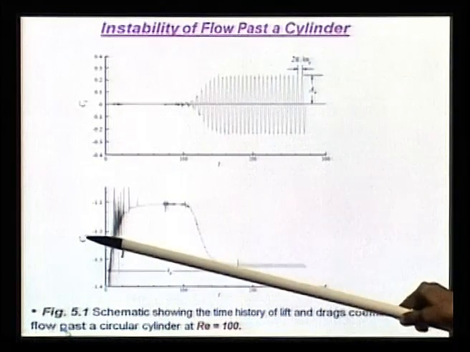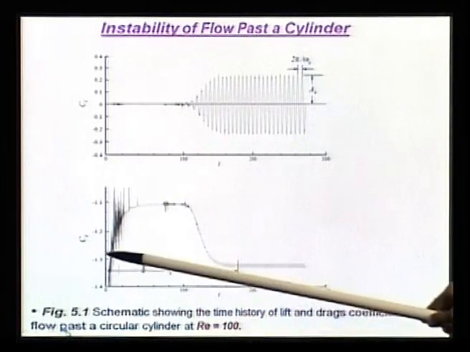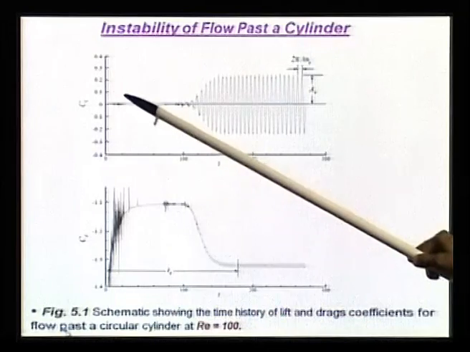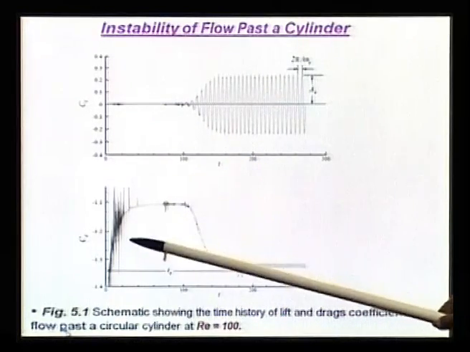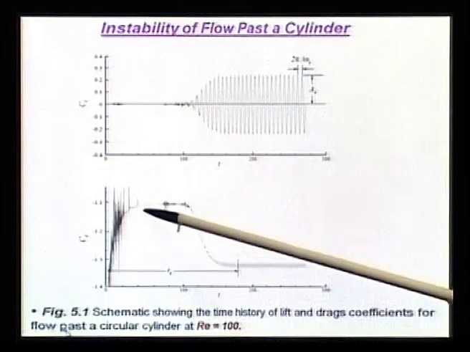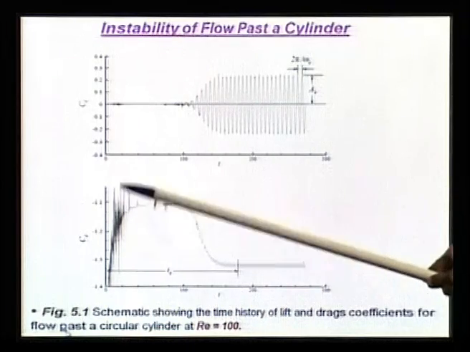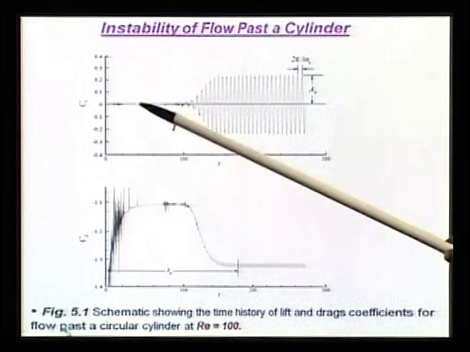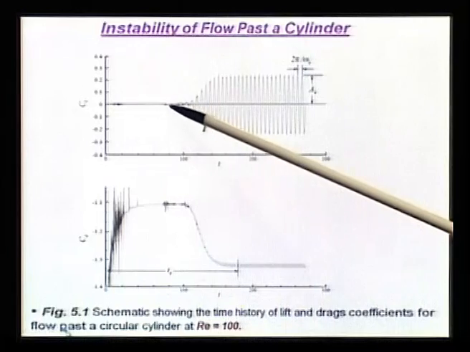That is seen even better if you plot the drag coefficient versus time. Those fluctuations are present here too. And despite those high frequency fluctuations, the flow remains kind of insensitive.